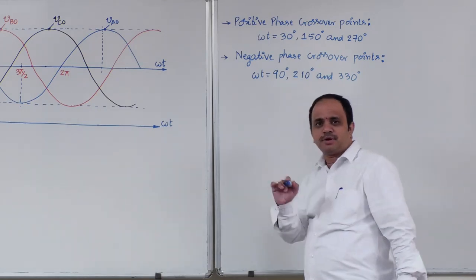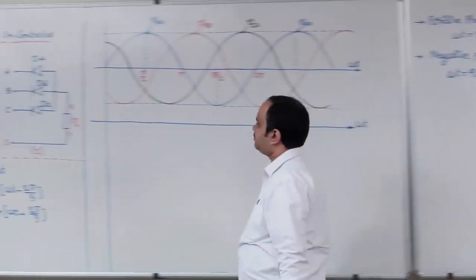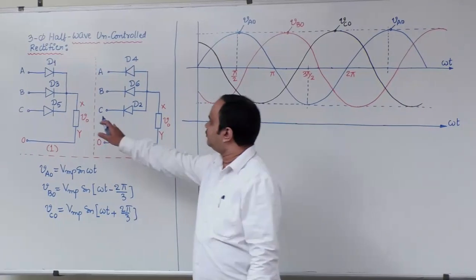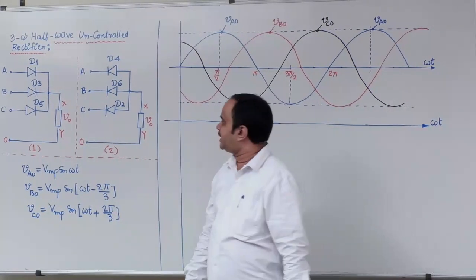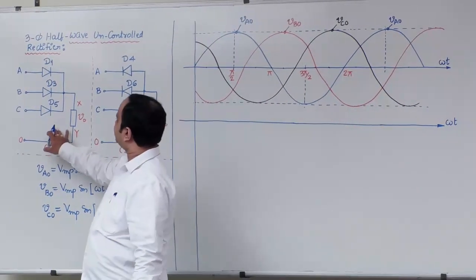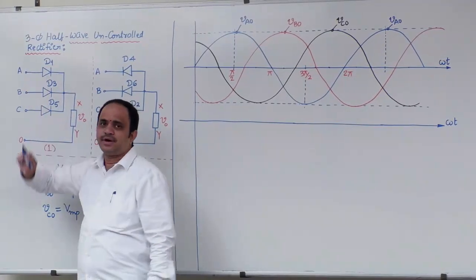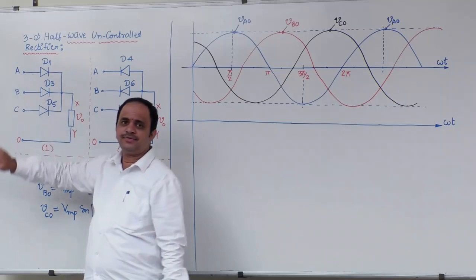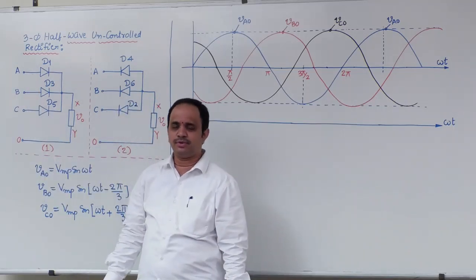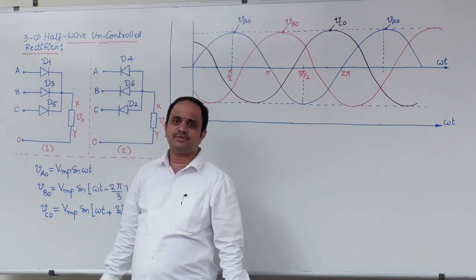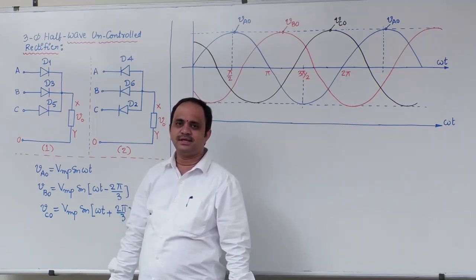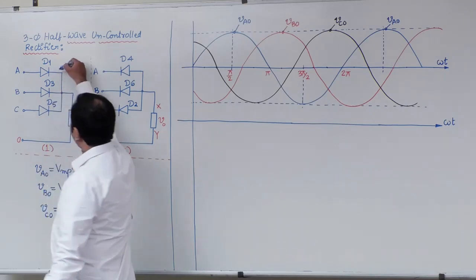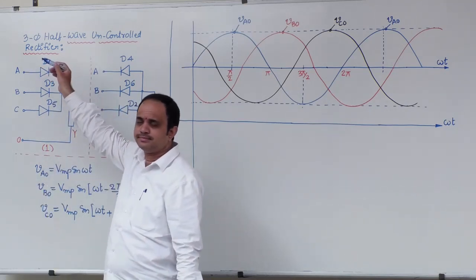So by using these properties, let us interpret these circuits. Let us take first circuit. Now what is this first circuit property? D1 will be forward biased whenever phase A is more positive. So under that condition, D1 will forward bias and turn on.